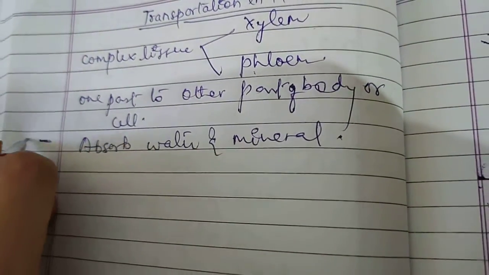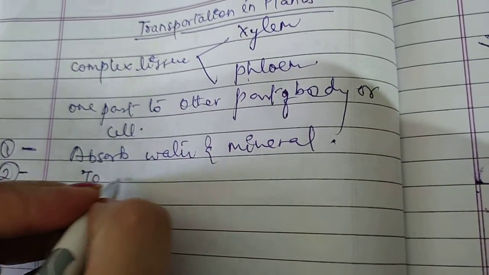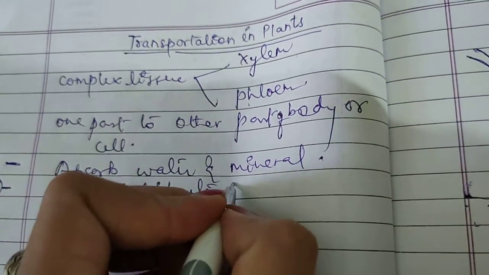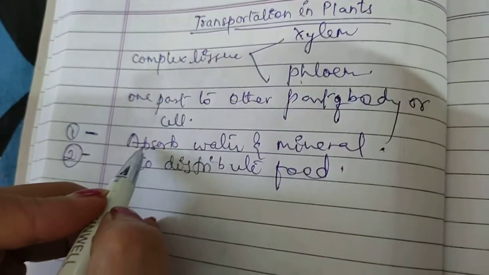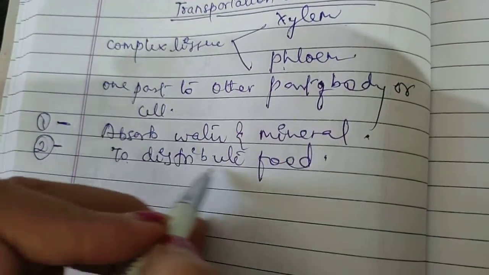And the second, what is the second? Second, to distribute food. So first is to absorb water and mineral, and second one is to distribute food.